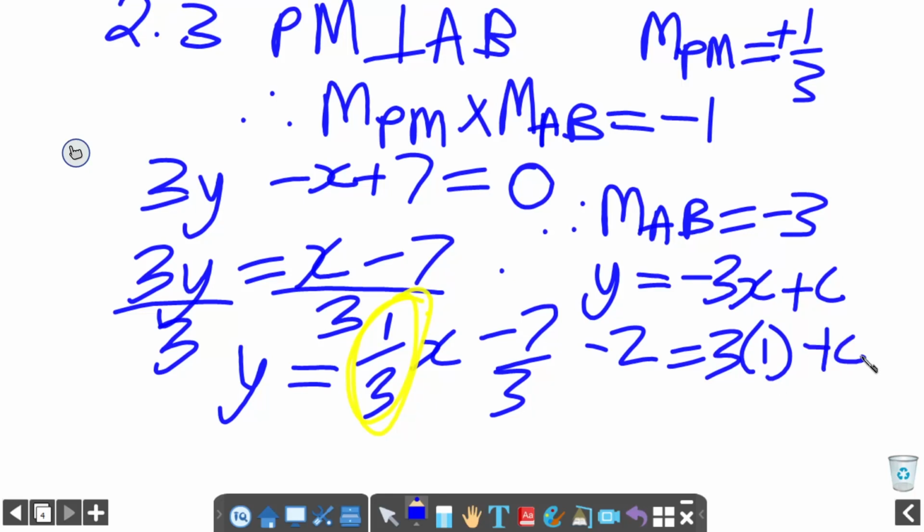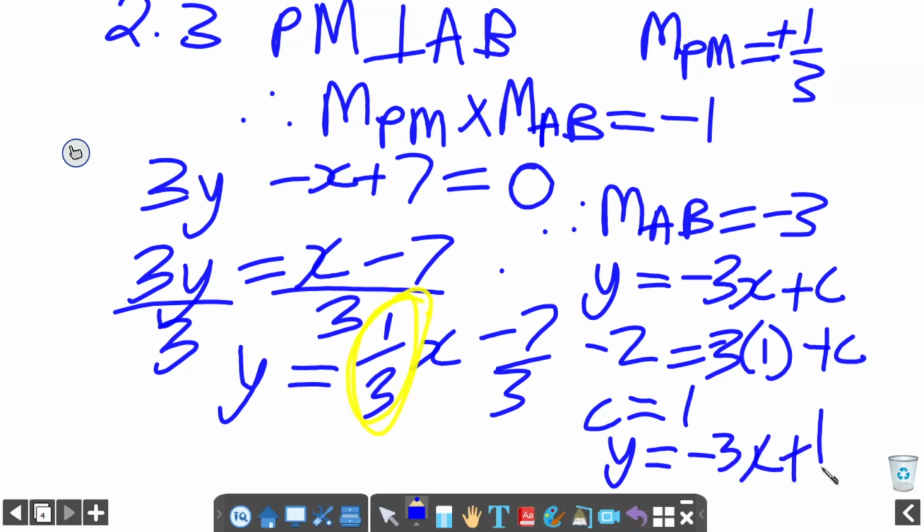Oh yes, there's a negative there. So it's going to be 1. Good. Y is equal to -3x plus 1. Are we happy? Yes. That is the equation of AB.